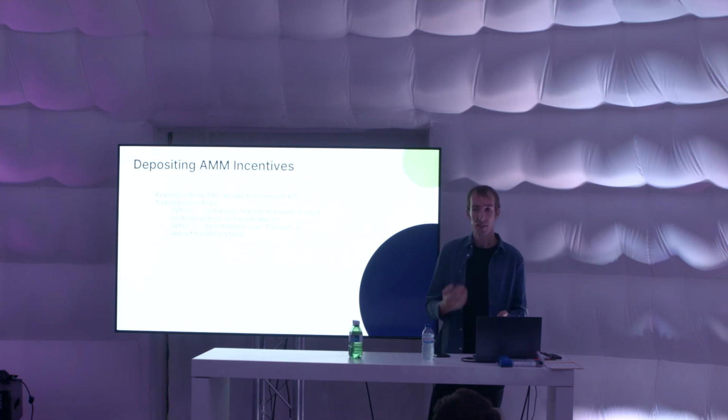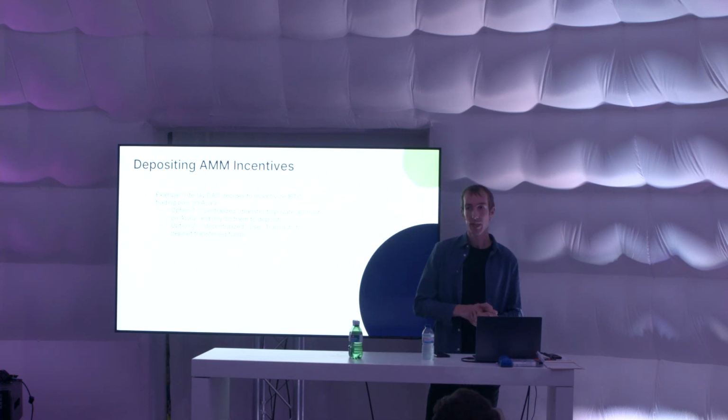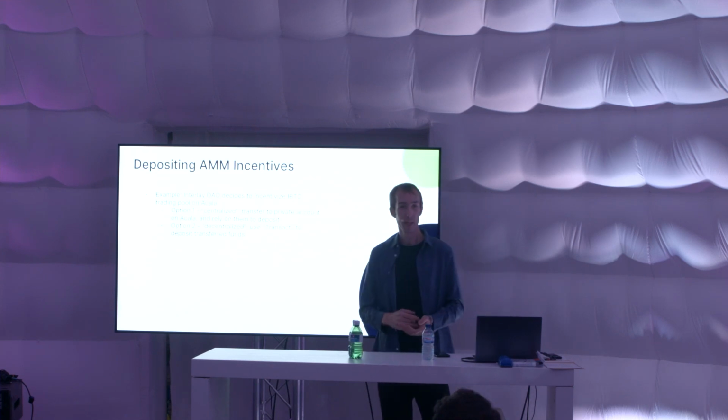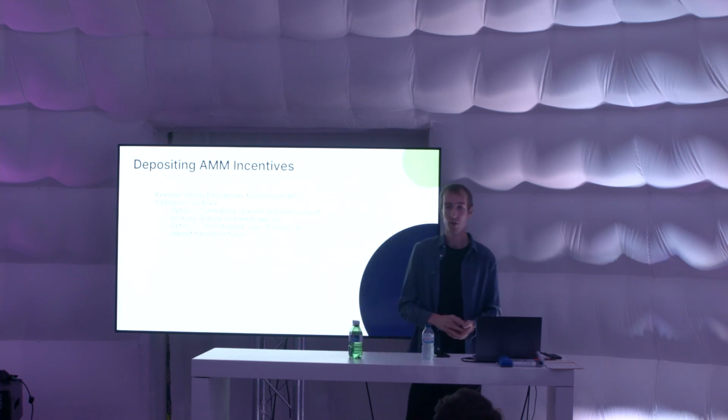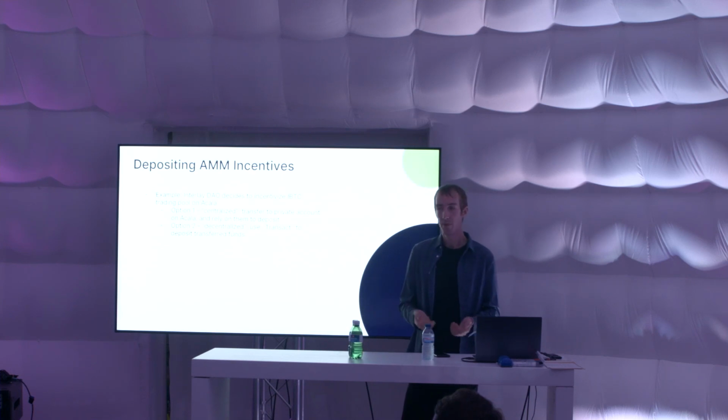But we were looking into DEXes and trading pools. We wanted to incentivize these trading pools because we want them to be used. There are two ways we can provide these incentives. We can send the required tokens to the destination chain, and then have some trusted account call the required function to actually make them available as incentives. But of course, you have this problem: who will be the trusted account?